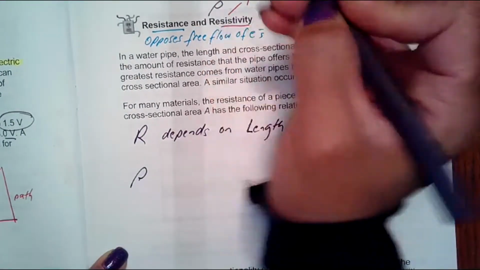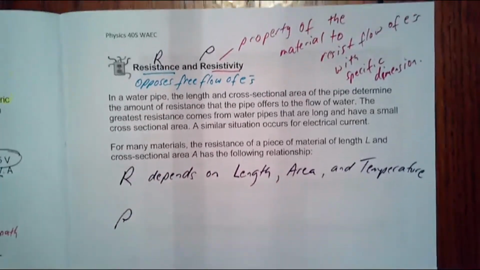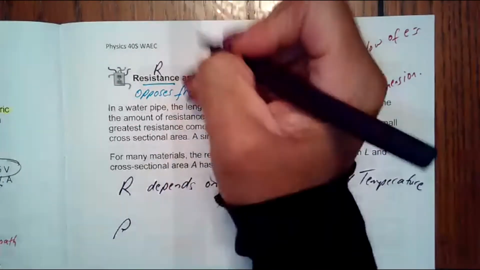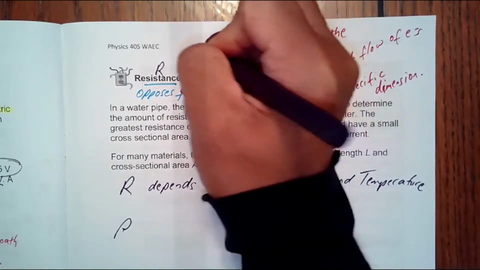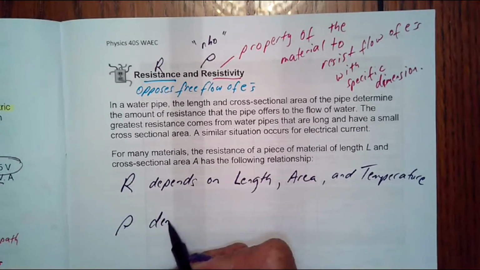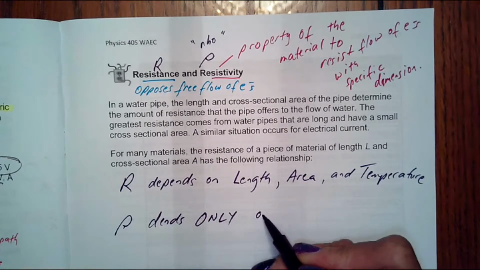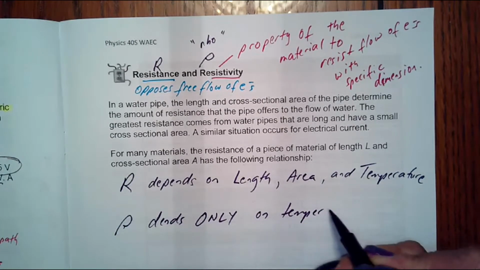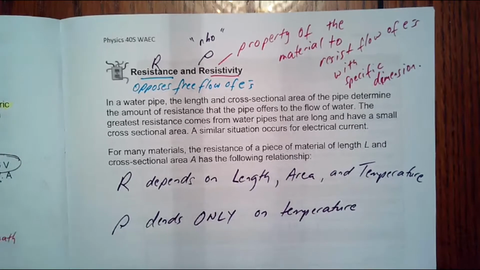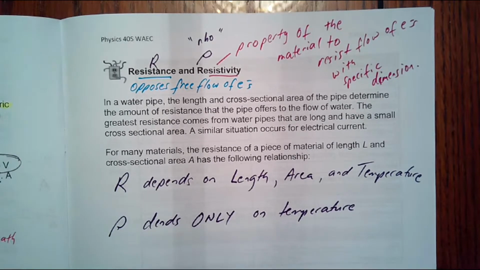Resistivity actually has this symbol, whereas resistance is just the letter R. And this is from the Greek letter rho, for resistivity. So resistivity depends only on temperature. So it's not affected by length or area. It depends only on temperature.